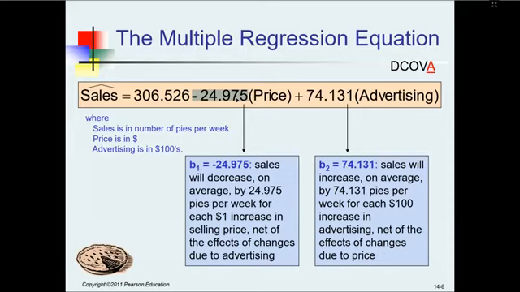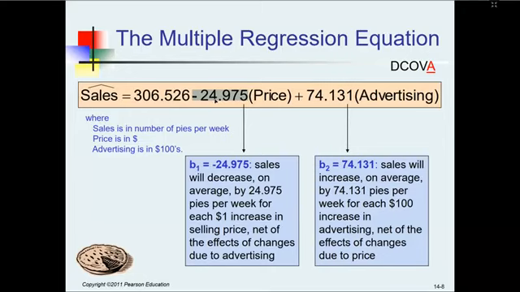Or you can say that when price is decreased by 1 unit, the corresponding increase in sales will be 24.975. You can use decrease or increase, but because they are inversely related, when price increases, sales will decrease, and when price decreases, sales will increase.